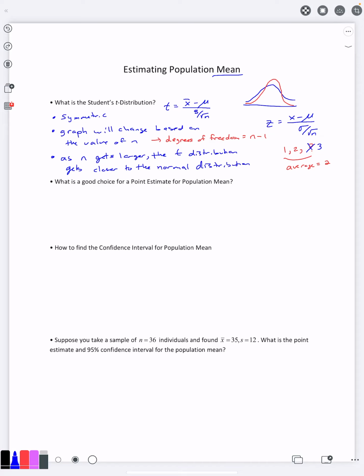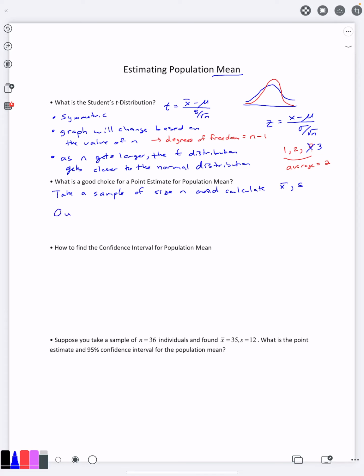So let's suppose we take a sample of size n, and we're going to calculate the sample mean and sample standard deviation, x bar and s. And we have to pick a single number to guess for what the population mean is, which is mu.